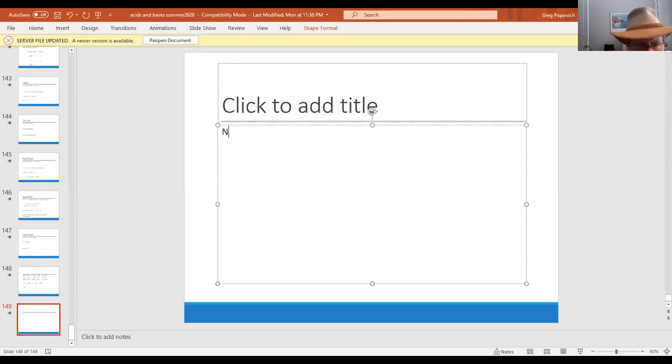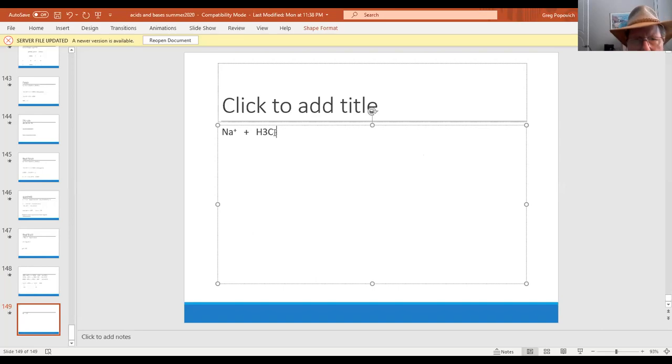Okay, I have sodium acetate. So that means I have a sodium ion plus CH3, H3C. All those hydrogens are bonded to the carbon covalently.